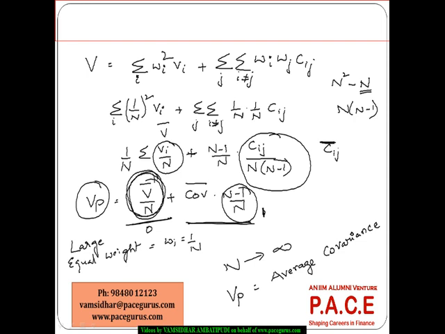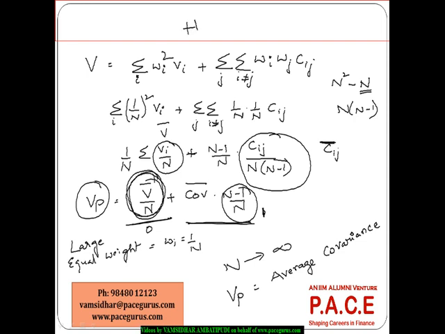But overall, the simple message that comes out of this is that I can very comfortably reduce the overall risk of the portfolio by trying to diversify my securities. But if the correlation between them is perfect +1, there is no benefit of diversification.